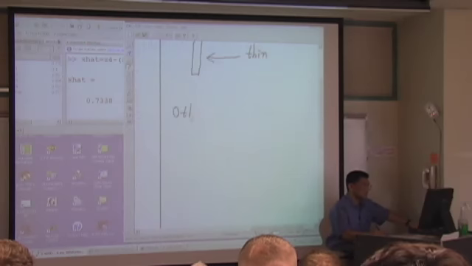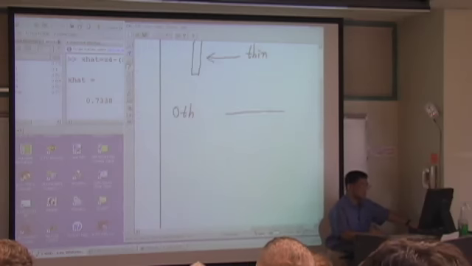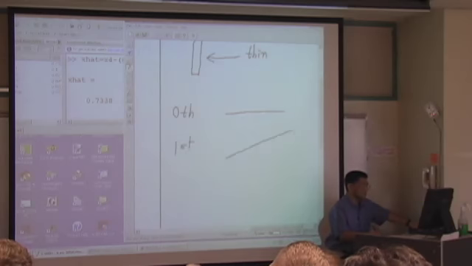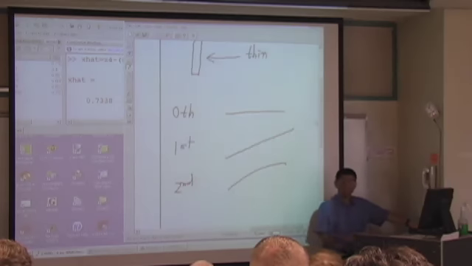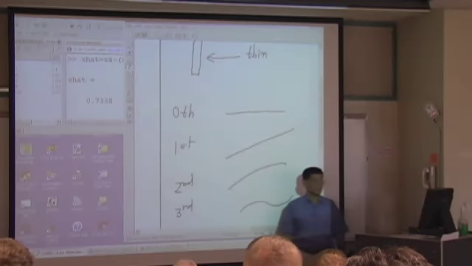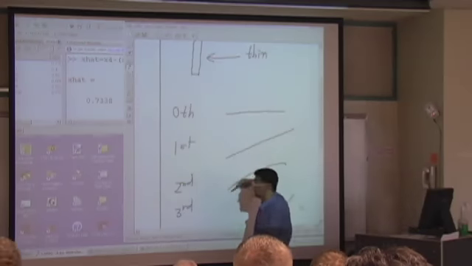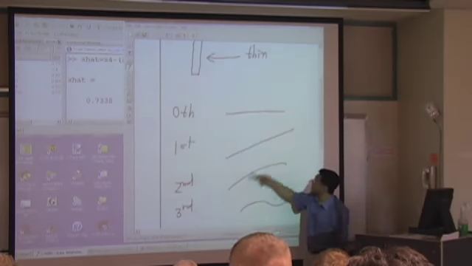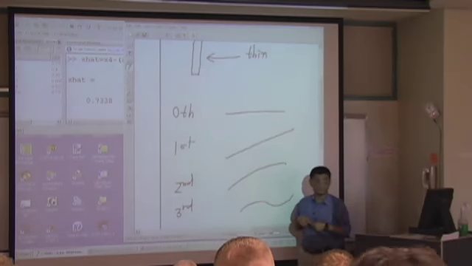The first order function looks like this. Second order function looks like this. Or the other way, right? And the third order function looks like this. So we are using these pieces to approximate the area.